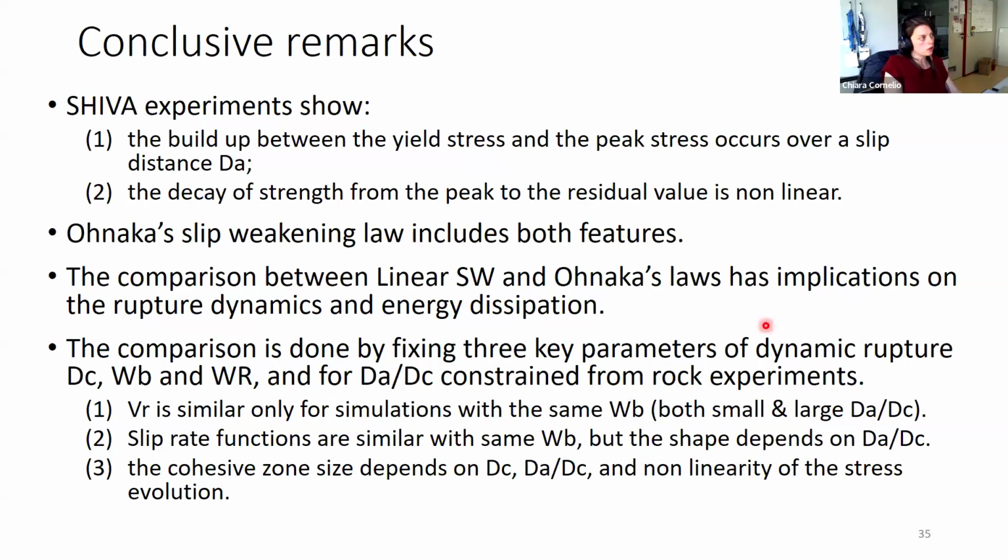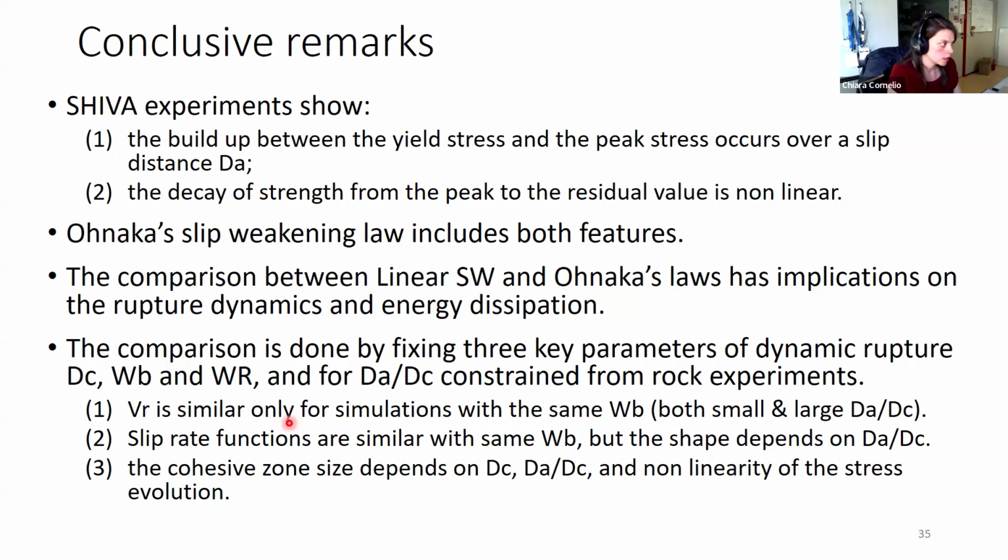So to conclude this third part, what we have done was to use rotary shear experiments, the database of Shiva, to calibrate the Onaka friction law, which basically catches the presence of a dA distance and the nonlinearity of the decay during the dynamic weakening. We compare the Onaka friction law with the linear slip weakening one by keeping constant either the DC, or the energy, or the weakening rate.